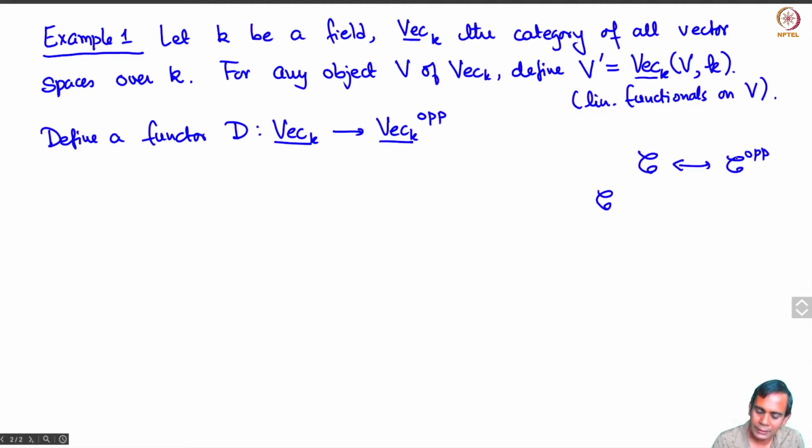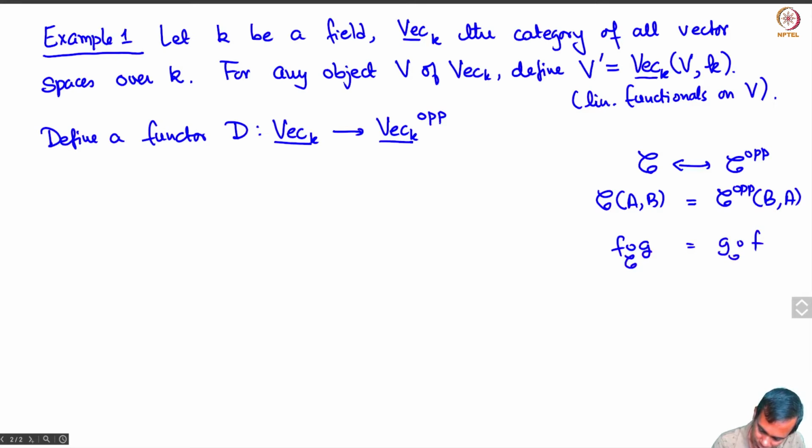And its objects are the same as the objects of C, but the morphisms are reversed. So the arrows from B to A in the opposite category are by definition the arrows from A to B in the original category. And composition is also reversed. So f circle g in C is g circle f in C op.